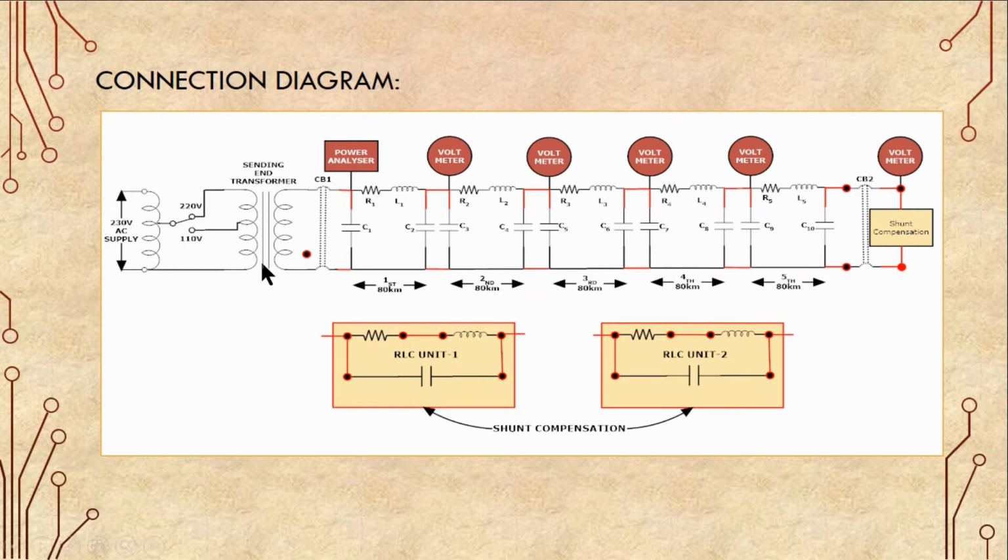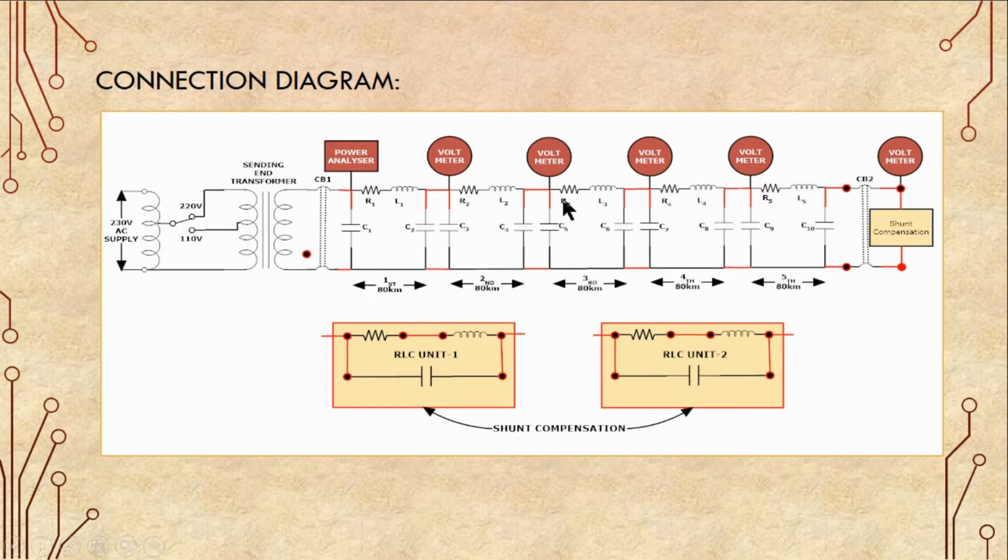So this is the connection diagram, and as you can see in this diagram, we have the sending end transformer which is fed from an auto transformer, and the output of the sending end transformer is connected to the transmission line through circuit breaker 1, and similarly circuit breaker 2 is connected at the receiving end of the transmission line.